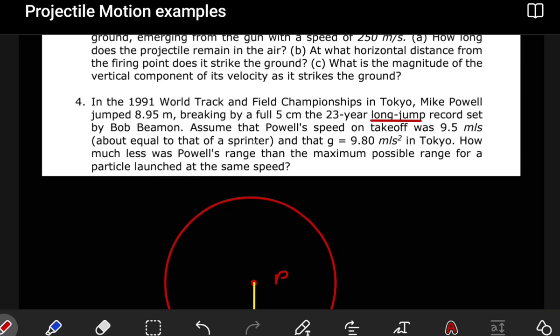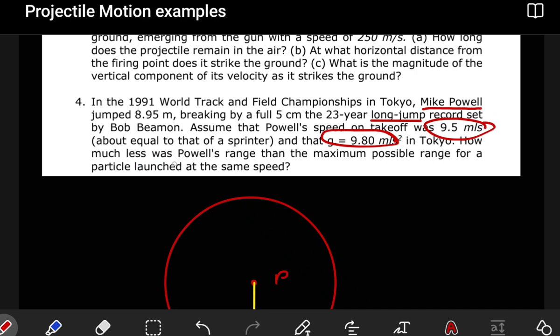Okay, so let's see. Assume that his speed on takeoff was 9.5 meters per second, and g is 9.8.